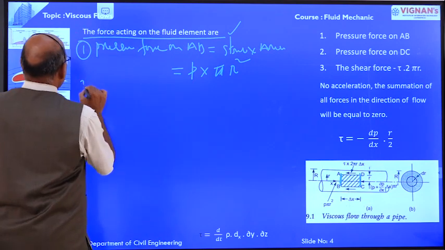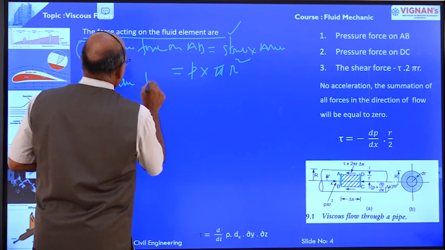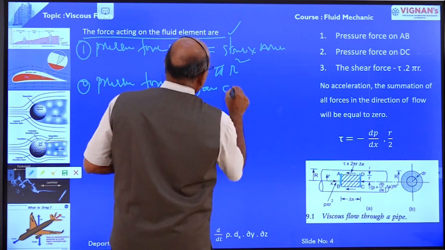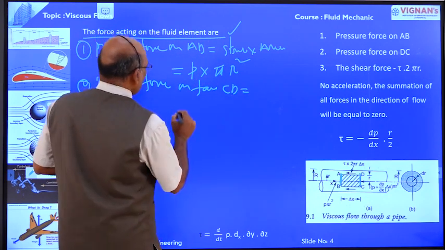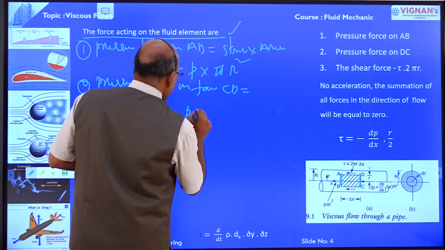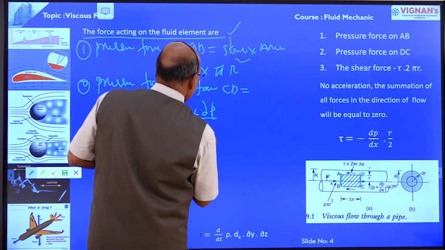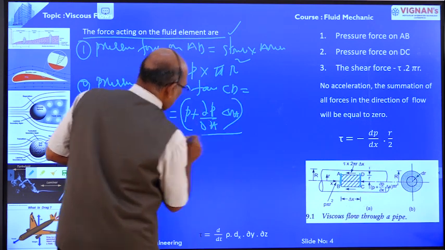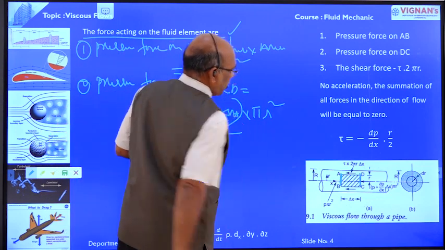Next, the second force, the pressure force on face CD, is equal to the intensity of pressure, p plus dP by dx into delta x, into the area pi r square.